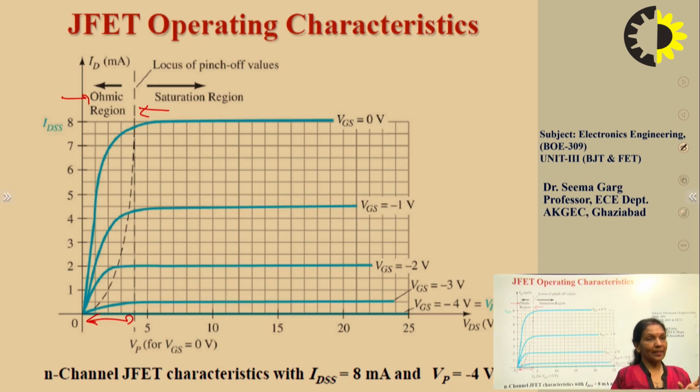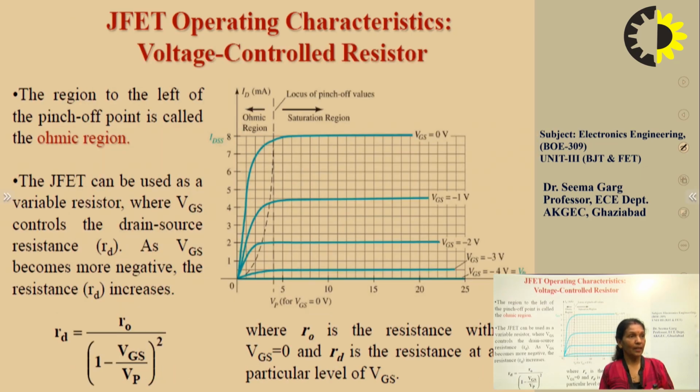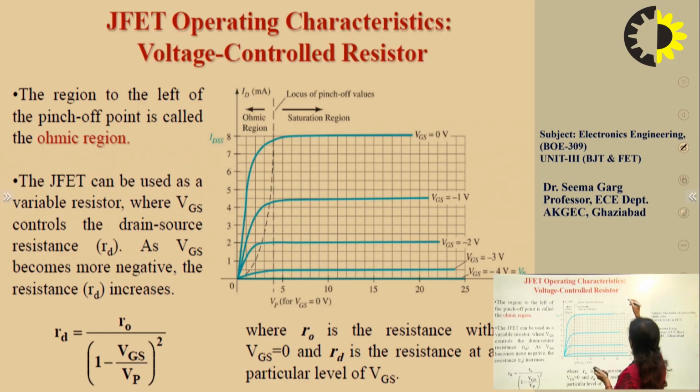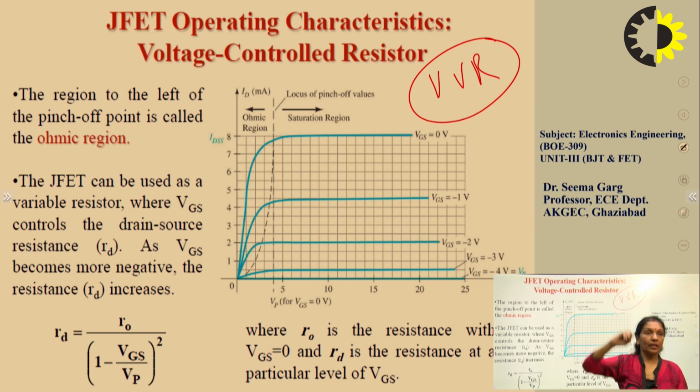Ohmic region means that the resistance changes in accordance with the voltage, or you can say in a simplified version, this region is the ohmic region, and this is the region where the junction field effect transistor is used as a variable resistance, or you can say as a VVR, variable voltage resistance.